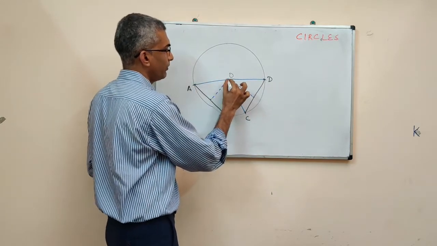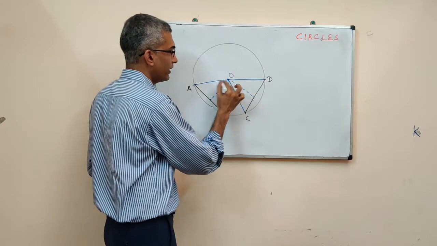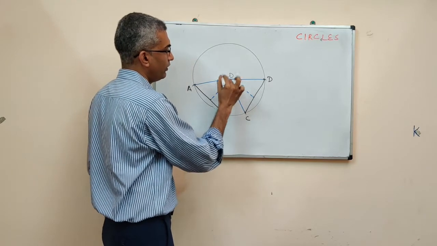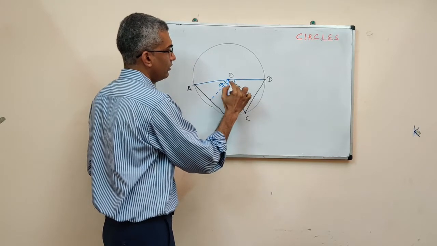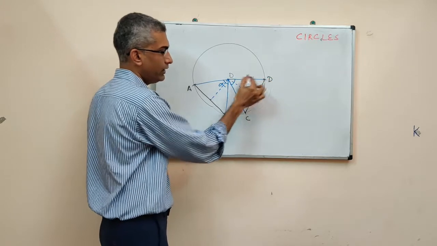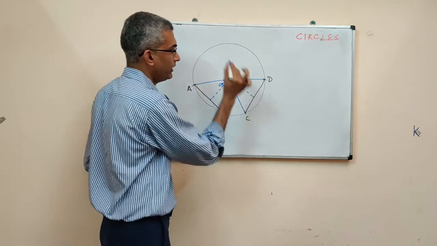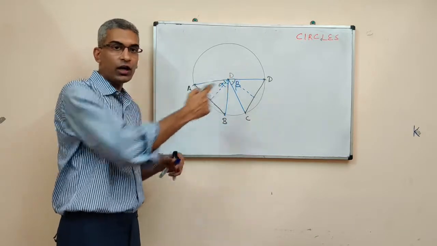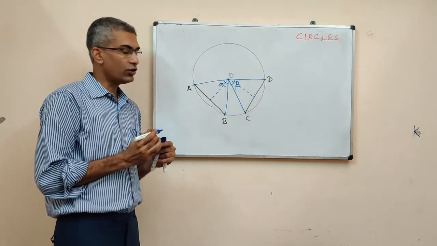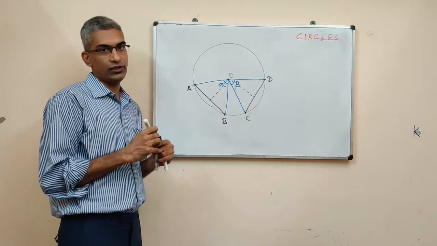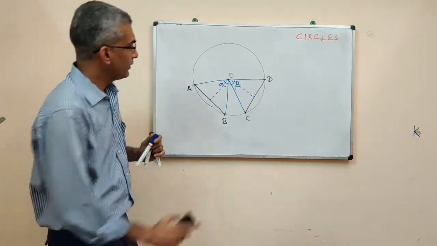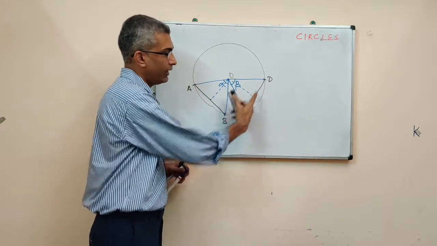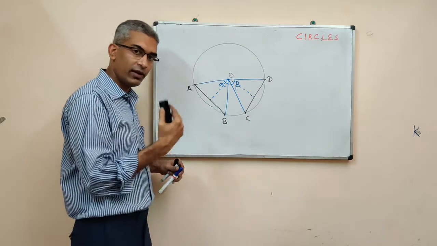This is another important property, that is this angle AOB, let me call it angle alpha, and this angle DOC, let me call it angle beta. These two angles will be same if these chords are of the same length. Equal chords subtend equal angle at the center. Equal chords will have similar arcs also. The arc AB and arc CD will be very similar.